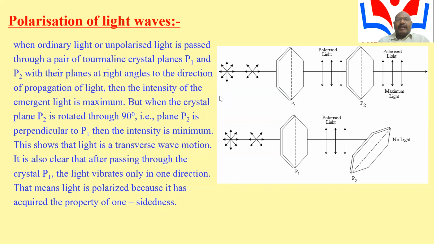But when the crystal plane P2 is rotated to 90 degrees, so that P2 is perpendicular to P1, then the intensity is minimum.